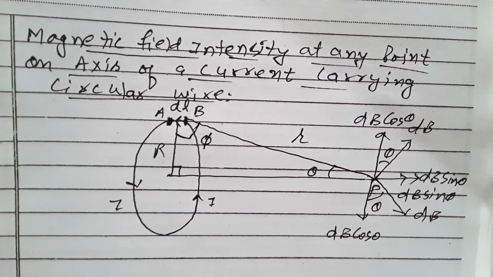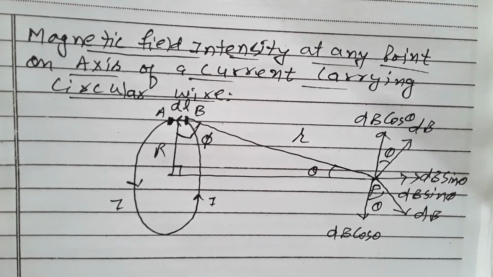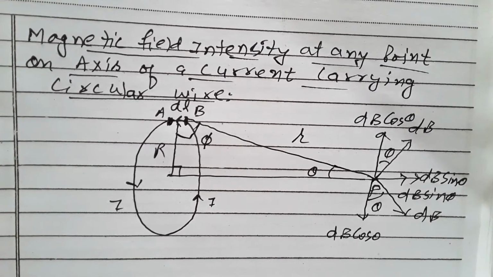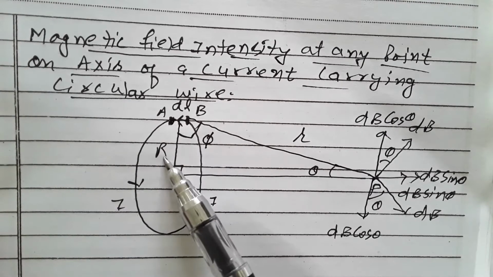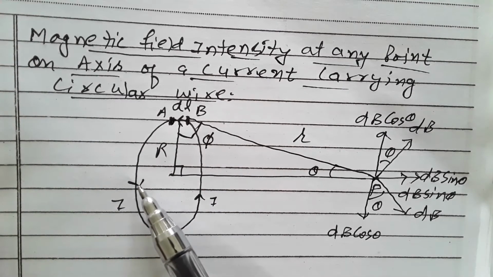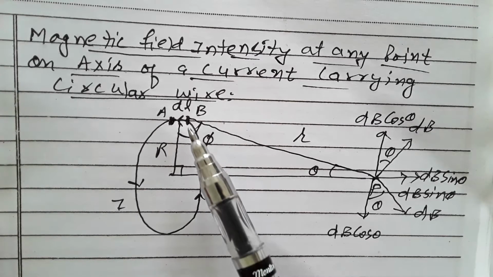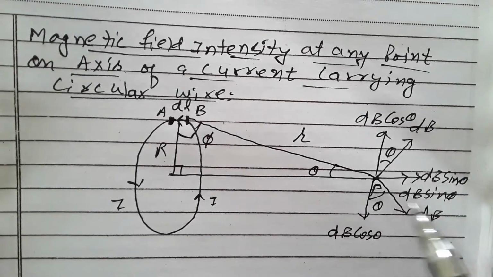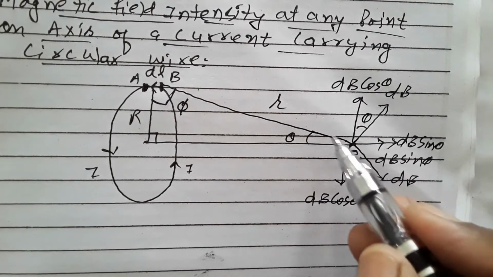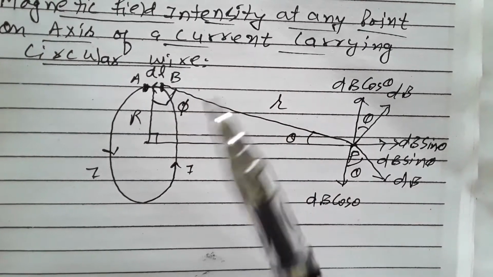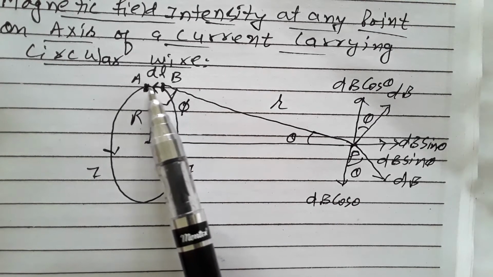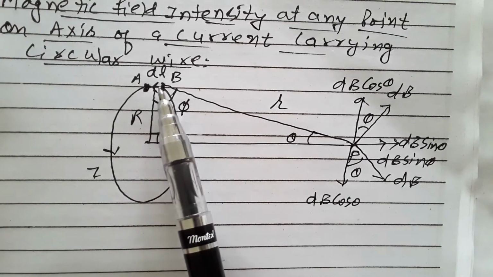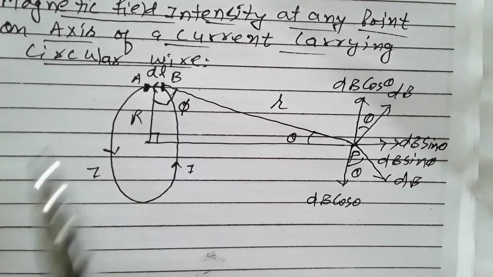An application of Biot-Savart's law is the magnetic field intensity at any point on the axis of a current carrying circular wire. Let a circular wire of radius capital R carry a current I. We have to find the magnetic field intensity at this point P. Let a small current element be dl, and the direction of the current element dl is from B to A, like this.